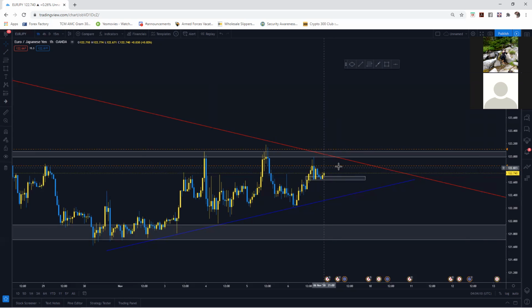I got an alert right there, just in case it comes back up here, it'll give me another entry for a sell. And I'm also gonna put an alert right here at the bottom of this support, once this support is broken, right here.